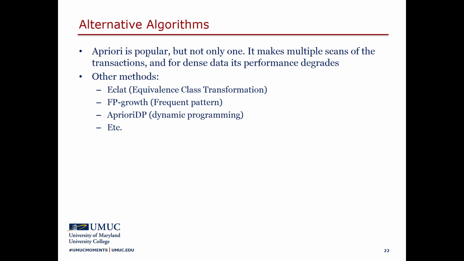So when you have large databases, it's likely that the performance of apriori is not optimal. So sometimes you might want to consider other association mining algorithms, such as Equivalence Class Transformation (Eclat), frequent pattern growth, and dynamic programming.